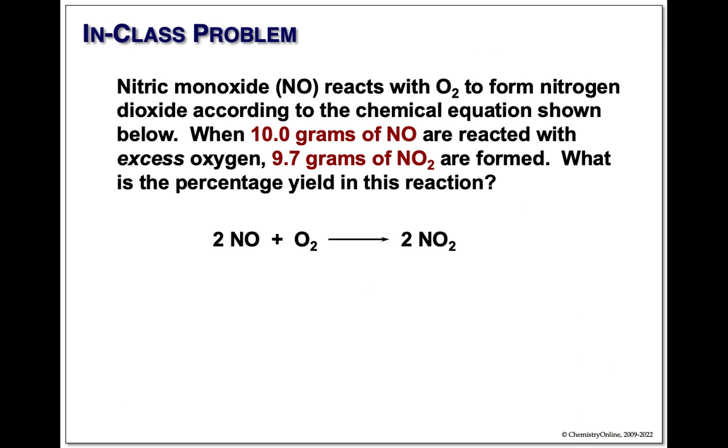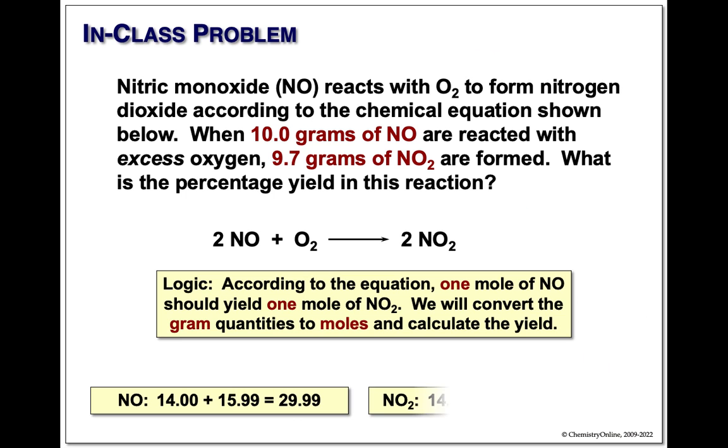Now, there are lots of ways you can do this problem. The simplest way, I think, is just to look at this and say, okay, 10 grams of NO are how many moles? Our ratio here is 1:1. If we know how many moles this is, we know our theoretical yield. Here are our molar masses.